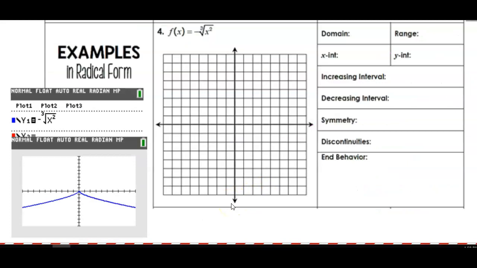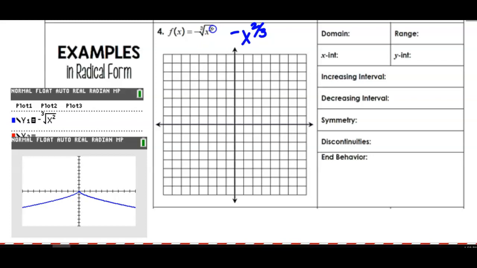Oh dear Lord, we aren't even done. We have to talk about a radical form. They can also rewrite, this is the equivalent to, by the way, guys, x to the 2/3, okay? So I have one example here where they wrote it in radical form. Same thing. So x squared, that's going to make it a positive, okay?